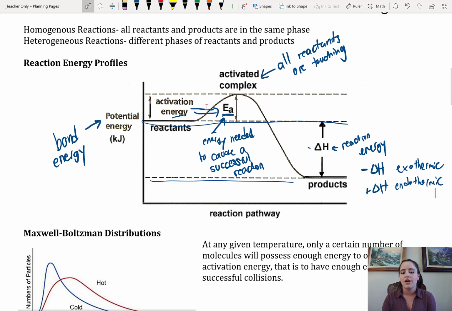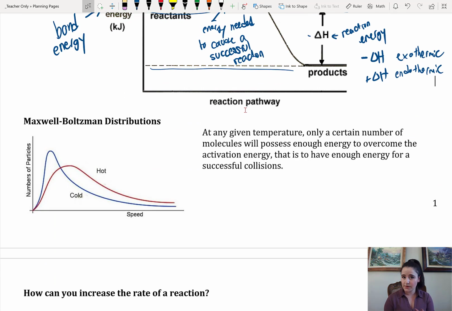Now, we talk about energy a lot related to temperature, and the activation energy is definitely related to the temperature. But remember Maxwell-Boltzmann distributions? Okay, not all reactions are going to have enough energy, just like not all atoms have the same amount of energy. If we have, say this here, we have some hot particles and some colder particles, different temperatures, the activation energy may be somewhere over here.